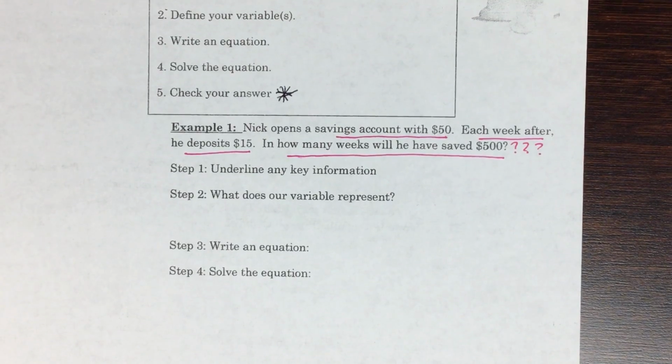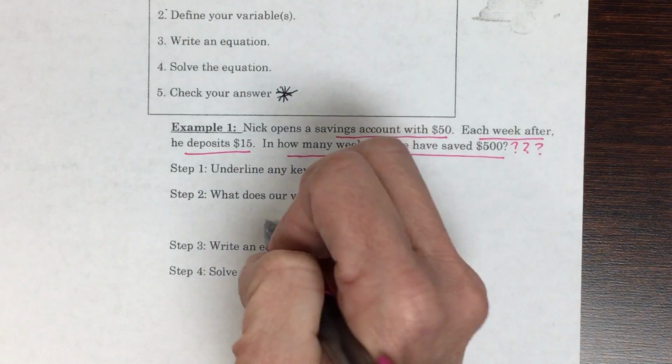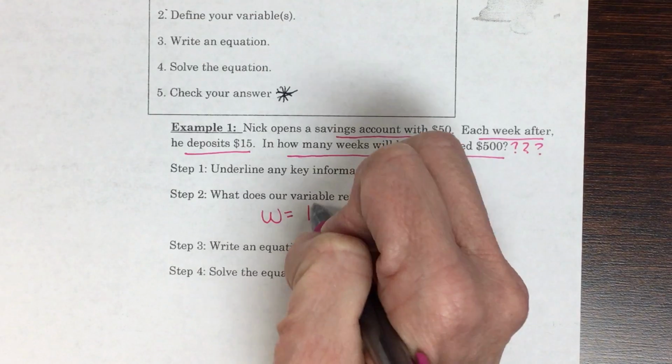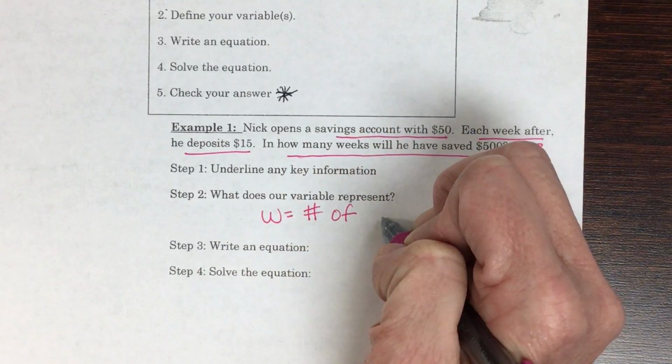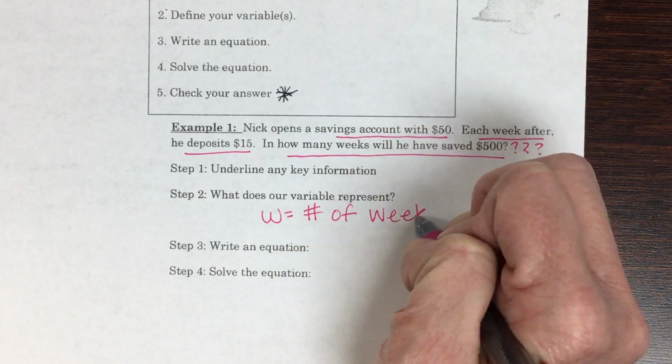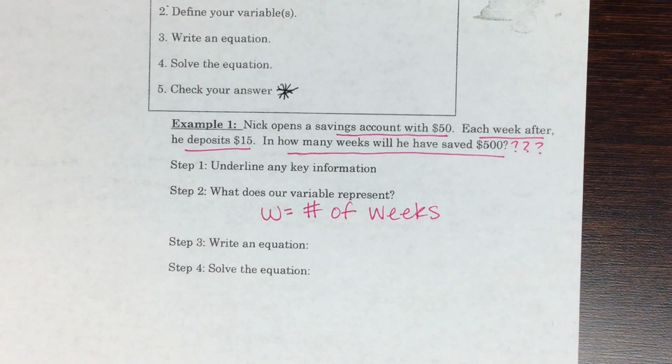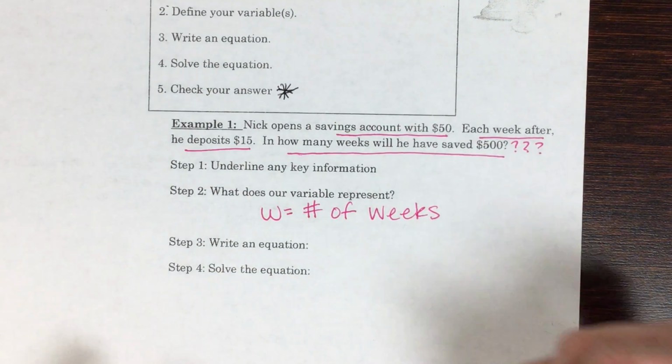All right, step 2, what does our variable represent? I'm going to go ahead and do W equals the number of weeks. I'm going to write my equation.